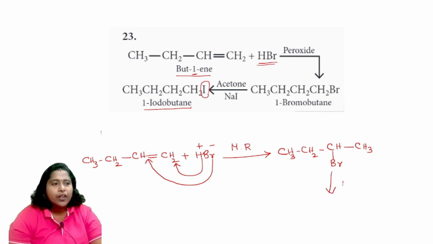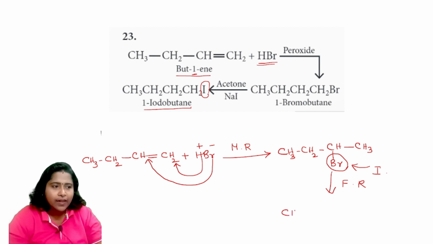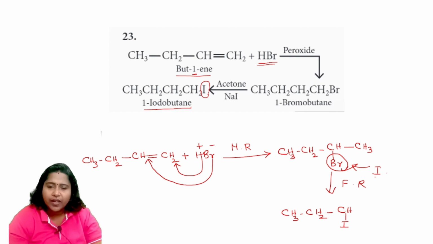But if we then use the Finkelstein reaction, the bromine will be removed and iodine will attach here, but we will not get 1-iodobutane. Instead, CH3, CH2, CH, iodine will be attached here, because bromine is replaced by iodine after the Finkelstein reaction.